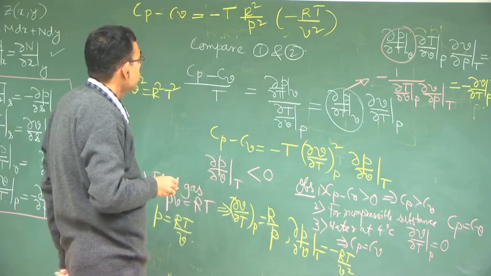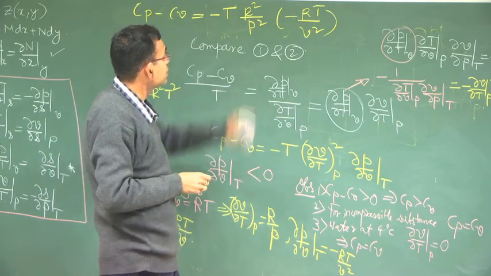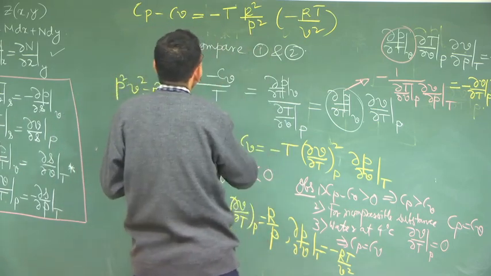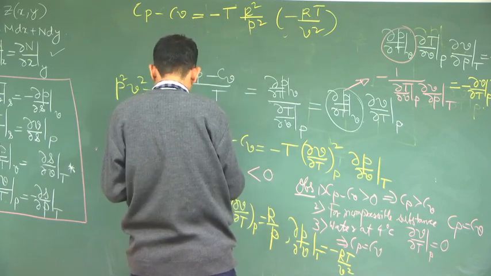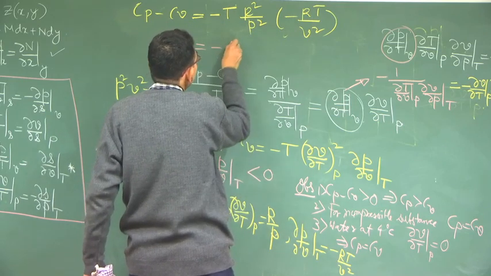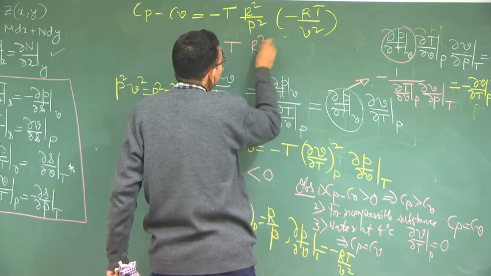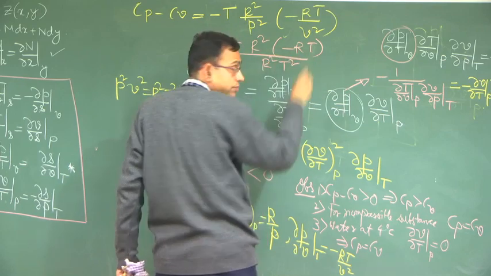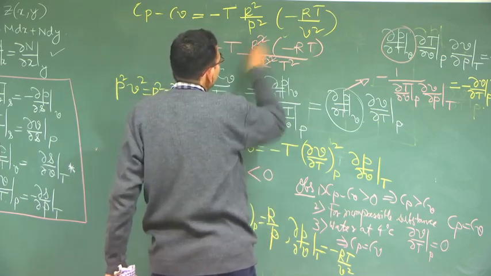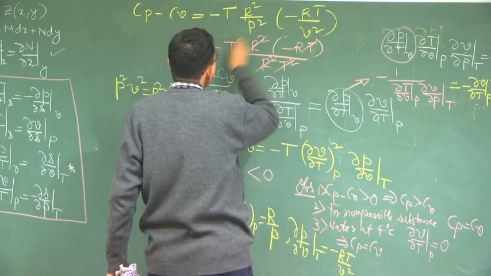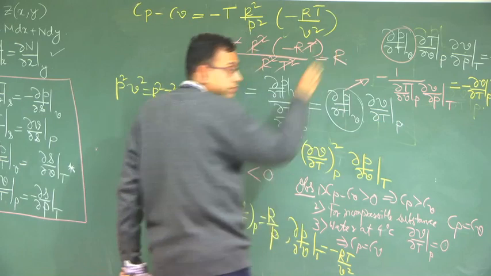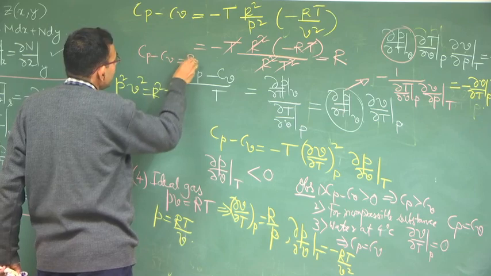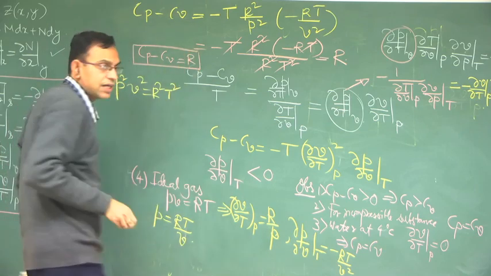Now, P square V square is R square T square, so R square cancels and T square cancels with this T square. So, this becomes R. This proves that Cp minus Cv is equal to R for an ideal gas. This does not assume constant Cp and Cv.